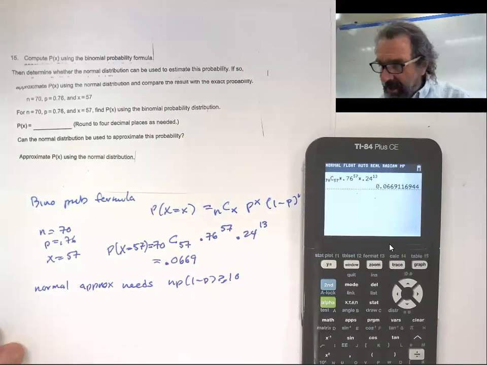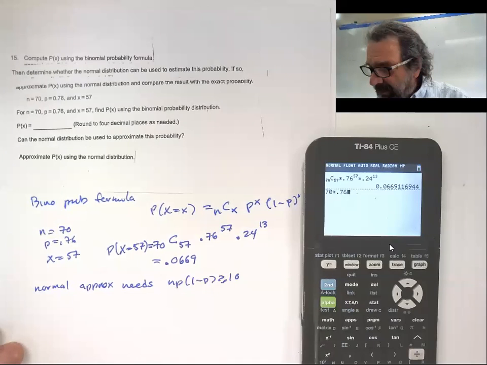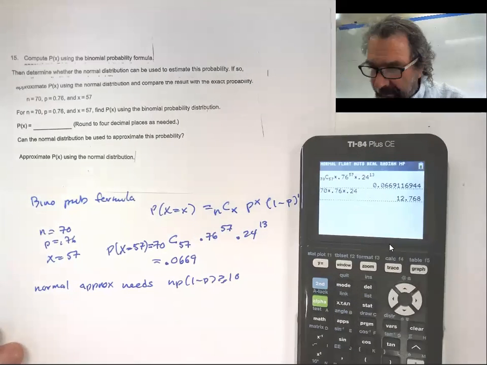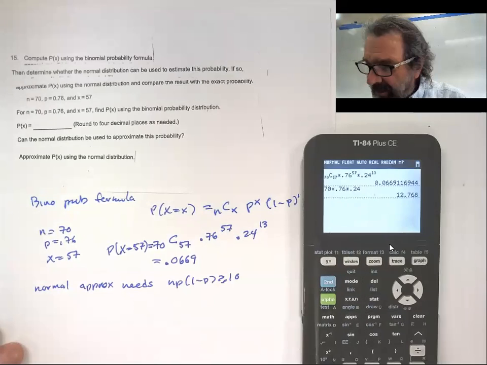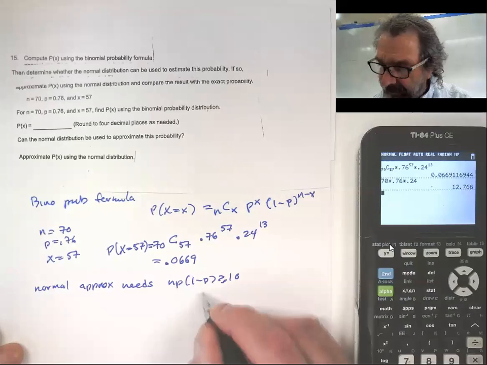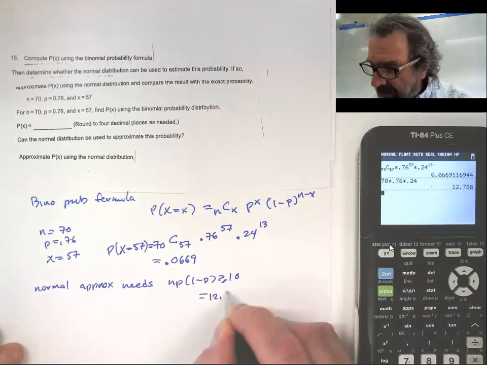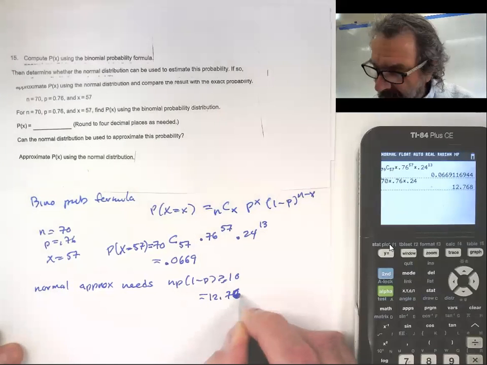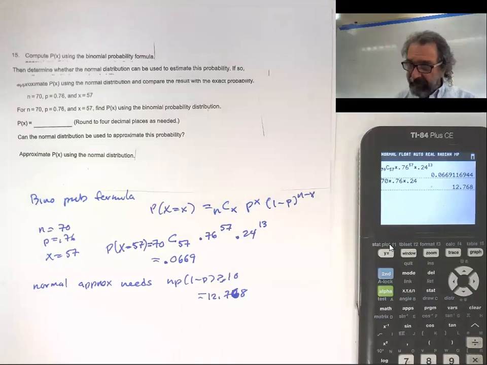N was 70, P was 0.76, and 1 minus P is 0.24. That's 12.768. That's what it is. It's big enough.